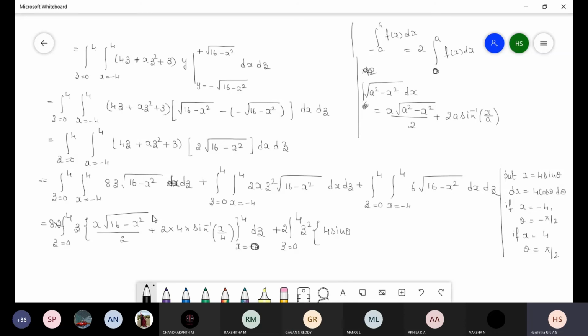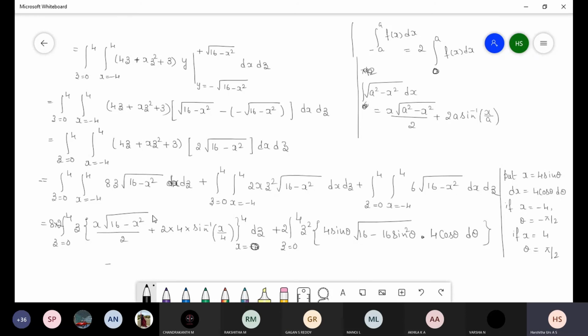Here root of 16 minus x square means 16 sine square theta, and in the place of dx I write 4 into cos theta into d theta. This completes the second one.